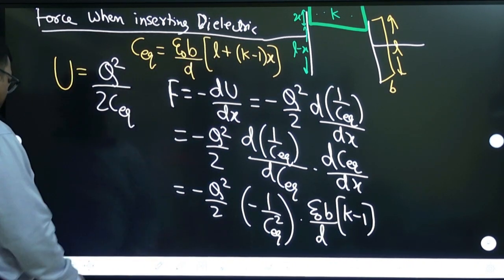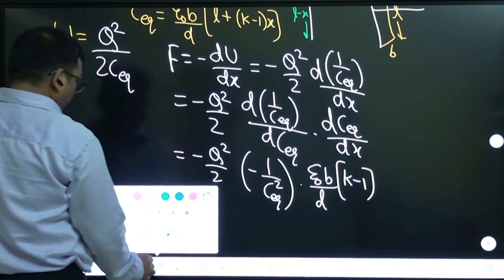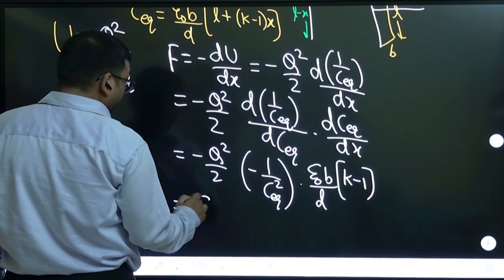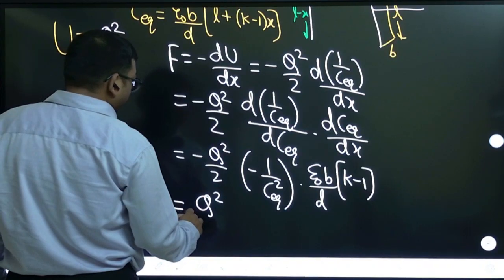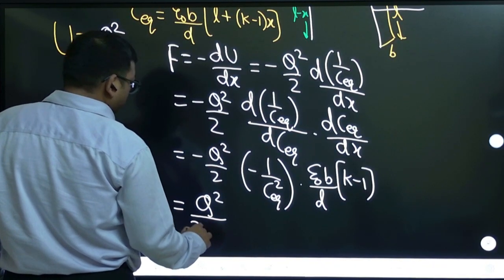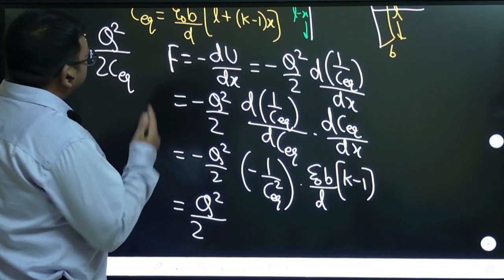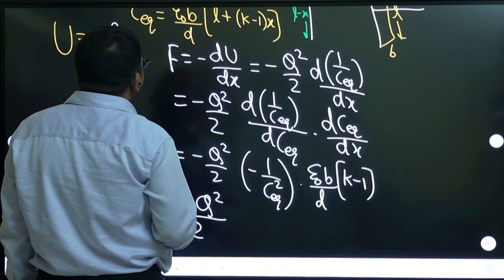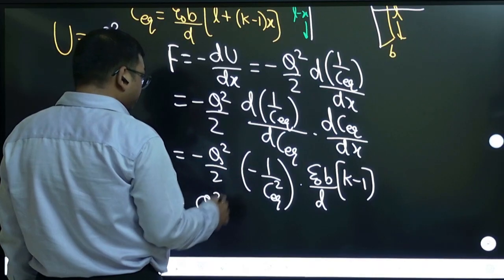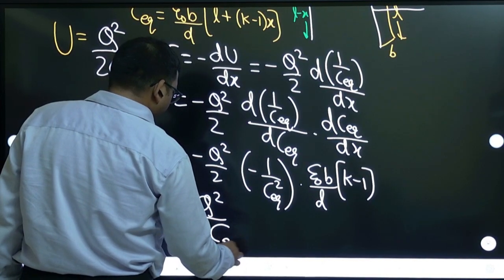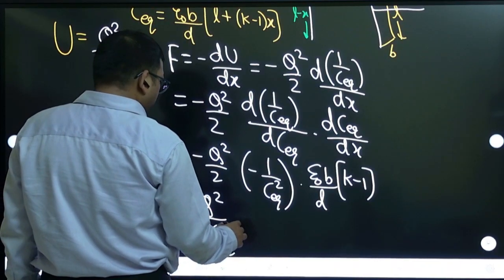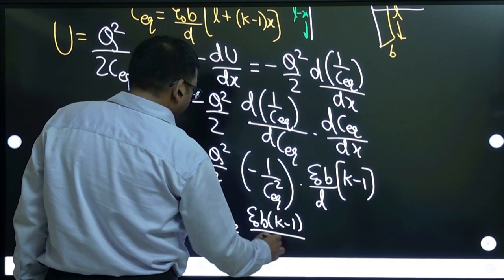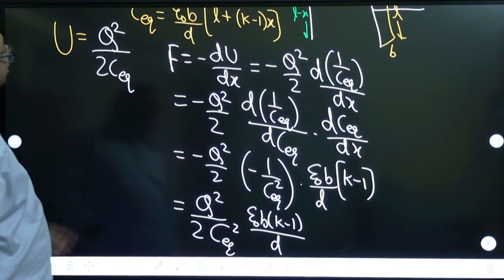So how much are we getting here? Minus minus become plus. Q square by 2 C equivalent square. Let us not simplify it, I will keep it like this: C equivalent square, epsilon B K minus 1 by d. What about C equivalent square?